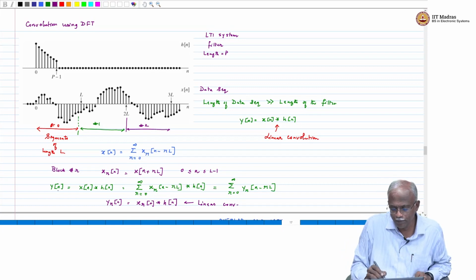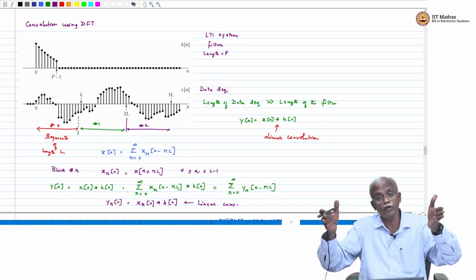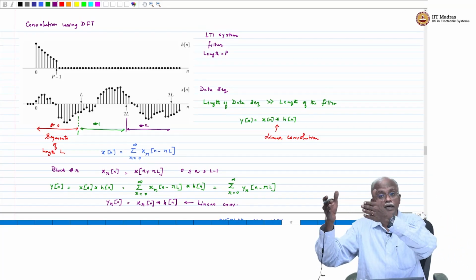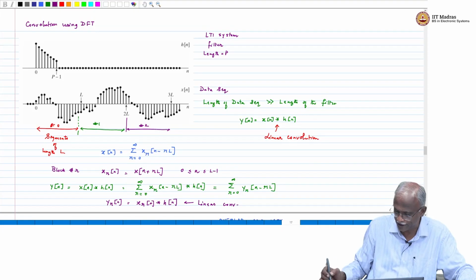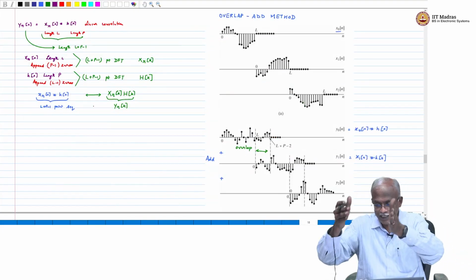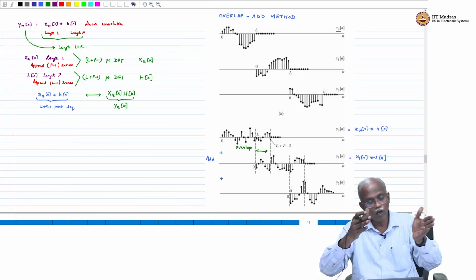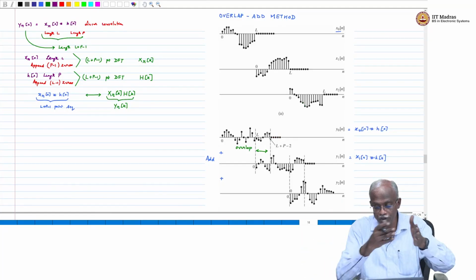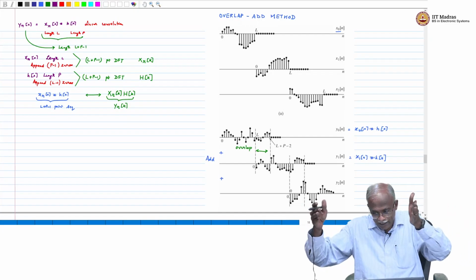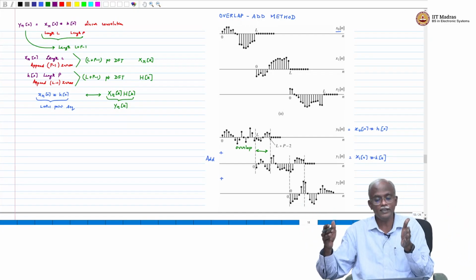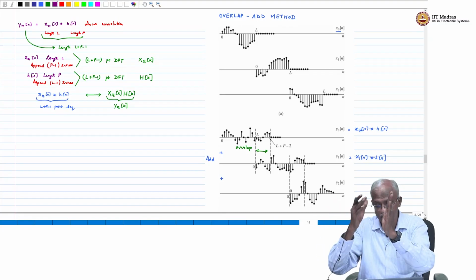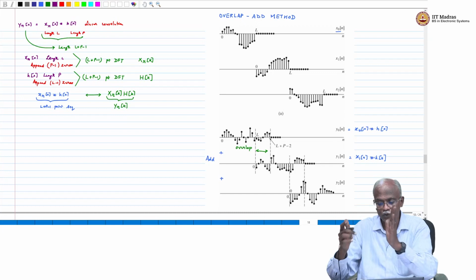So the output can be computed as the linear convolution between these segments and the impulse response coefficients. We saw how we would take these individual segments and convolve. Each of these will produce a sequence of length L plus P minus 1. Then you go on to the next segment, being careful of how you do the indexing, because there will be overlap between the two sequences.